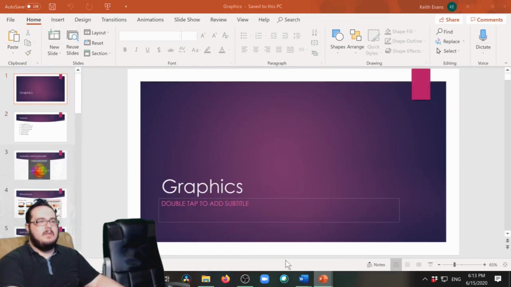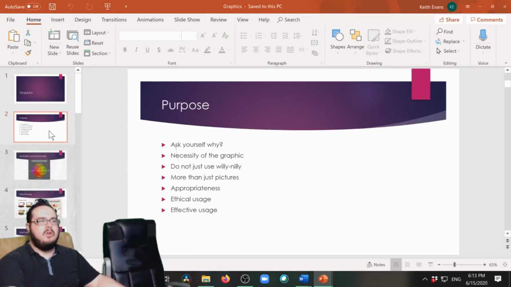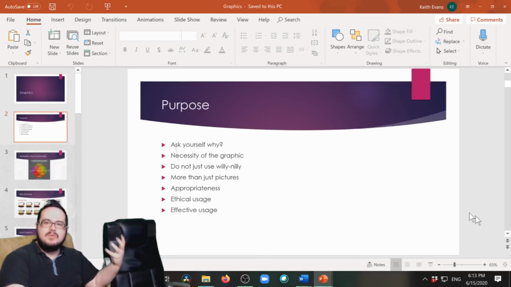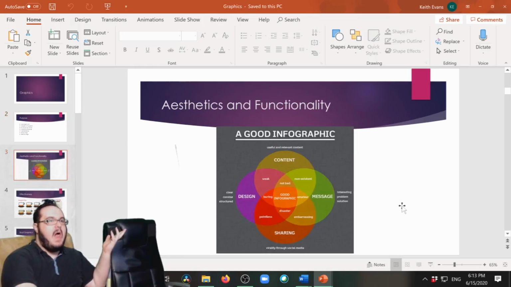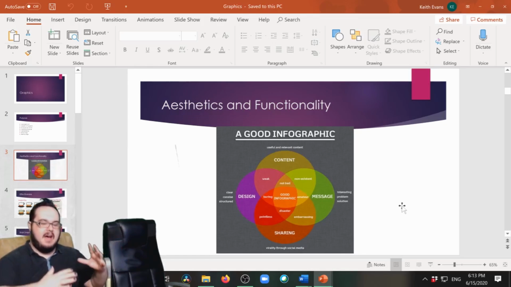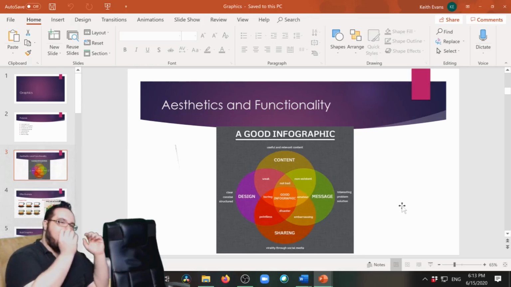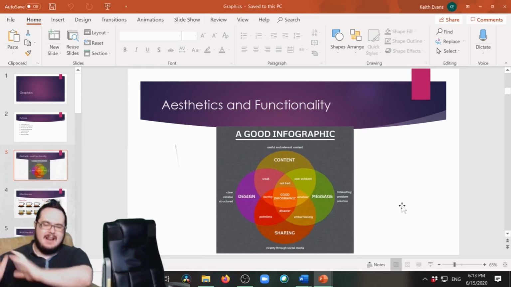The next notes I gave, and you can do this yourself, are about graphics in general and the different types of graphics that you can use in your paper. Questions you have to ask yourself about the purpose of the image: the balancing act of, is it user friendly, is it a functional graphic, and is it aesthetically pleasing?